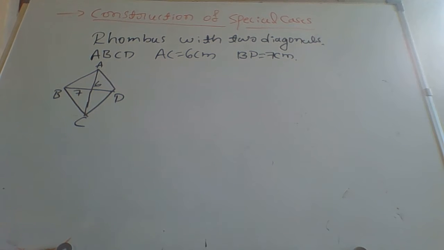Now I will construct the rhombus by using these two diagonal lengths and the properties of diagonals of a rhombus. What are the two properties? They bisect each other and are perpendicular to each other.